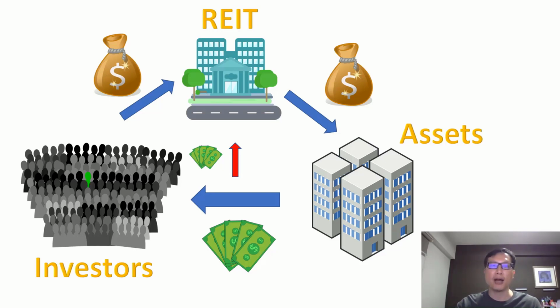They also become the managers of these assets, making sure the assets generate as much yield as possible for the investors. Then they will pass on the income net of expenses to the investors by way of regular dividend payouts. The REIT will charge a management fee, which is part of the expenses taken out from the income stream.